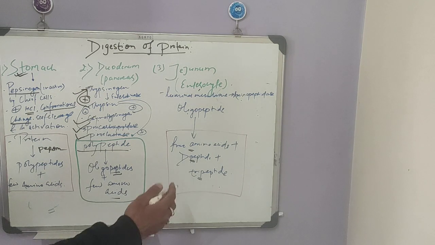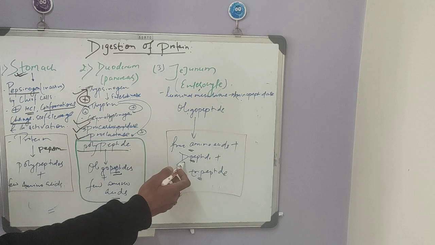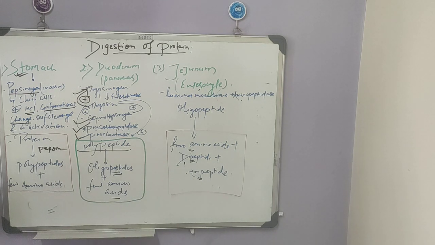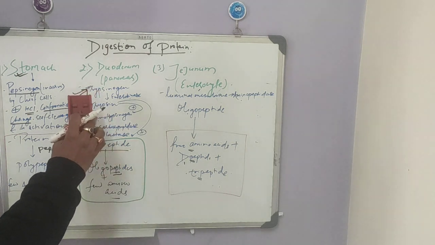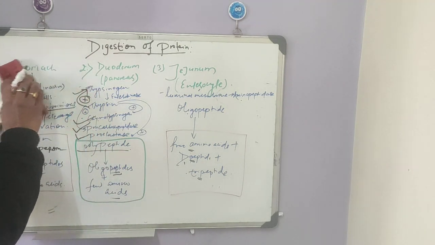So talking about final digestion and absorption, it happens inside the enterocyte. So let's look at how this dipeptide and tripeptide get finally converted to amino acid.